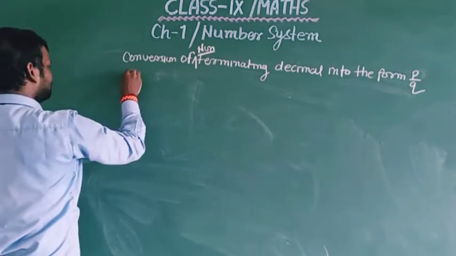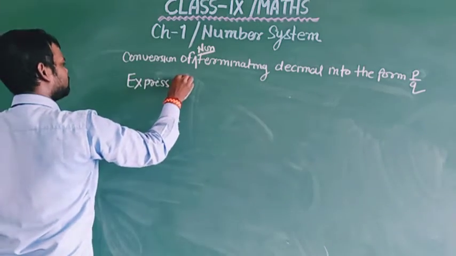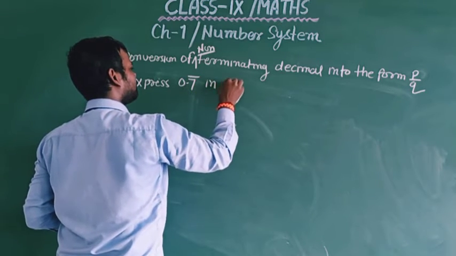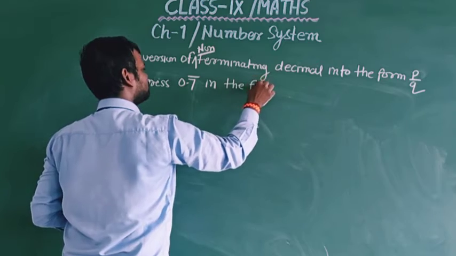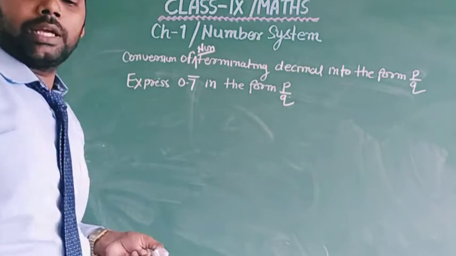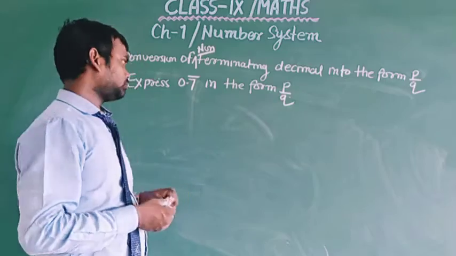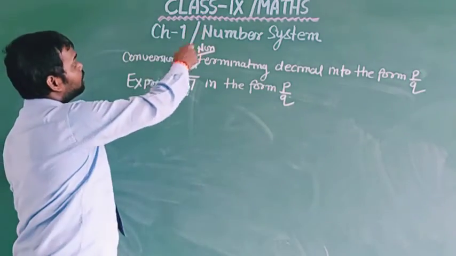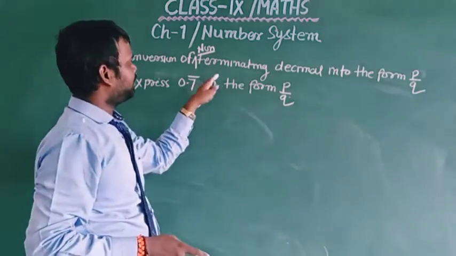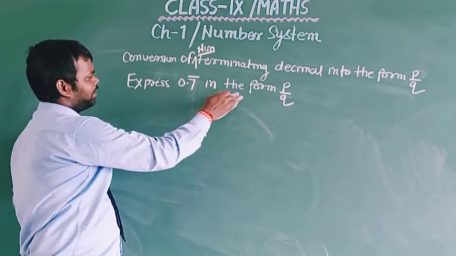Suppose the example is: express 0.7 bar in the form P by Q. This is a pure non-terminating decimal expansion, to be converted into P by Q form.